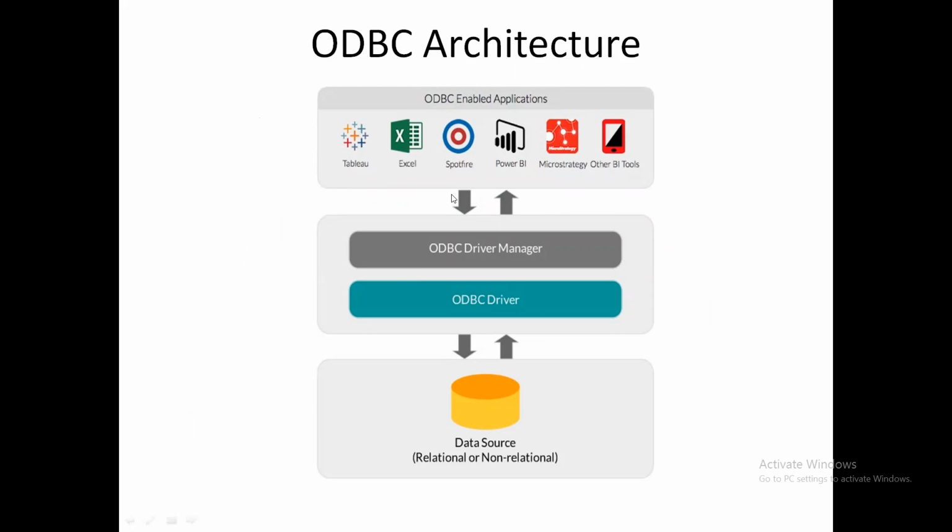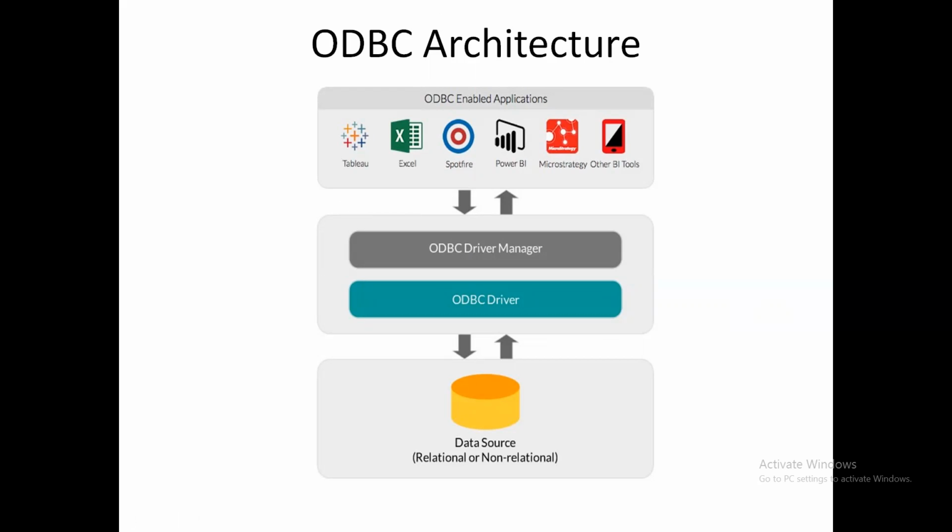First, whatever request is sent from the application will be received by the ODBC driver manager. Before sending the query, the application is going to select what type of DBMS they want. So they will be giving the request to the ODBC driver manager. Depending upon the choice of the DBMS, the driver manager is going to allocate the ODBC driver. That is, it is going to load the ODBC driver.